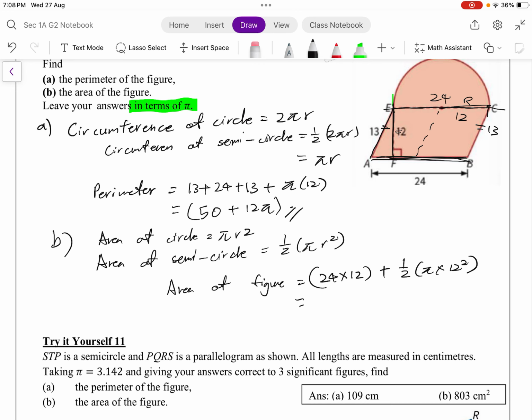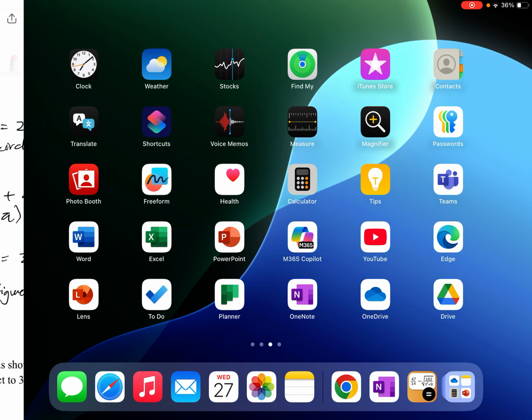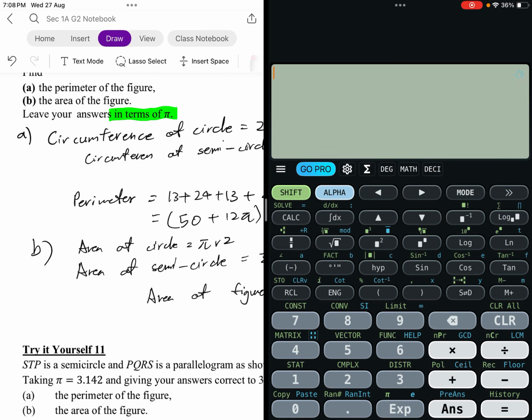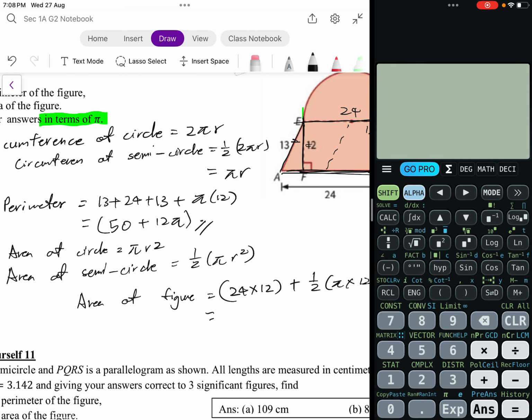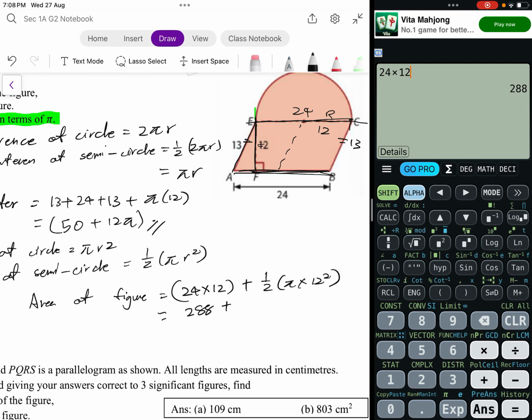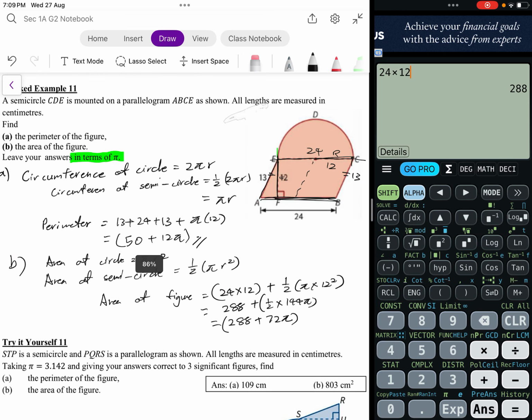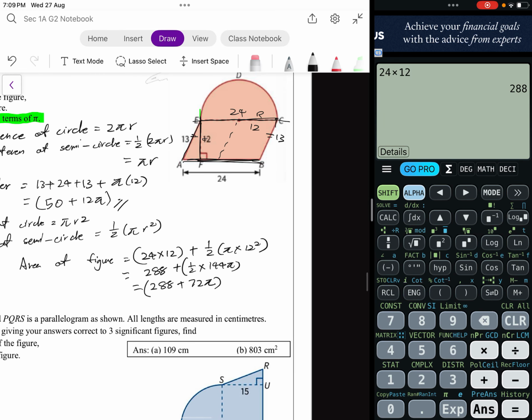Using my calculator, 24 times 12 is 288, plus 12 square is 144, so half times 144 pi. So it's 288 plus 72 pi, and this will be your answer, cm square.